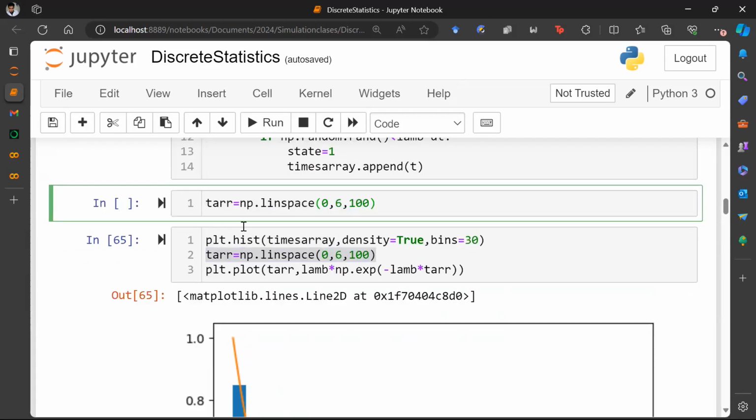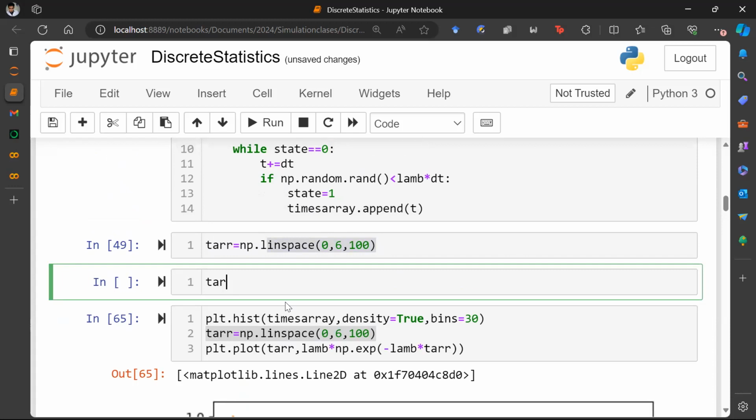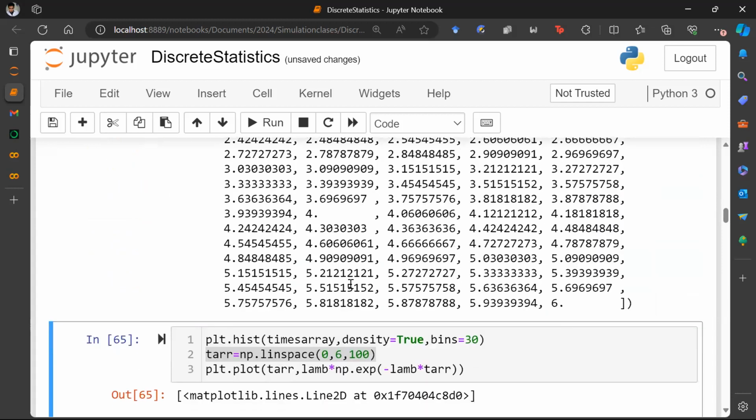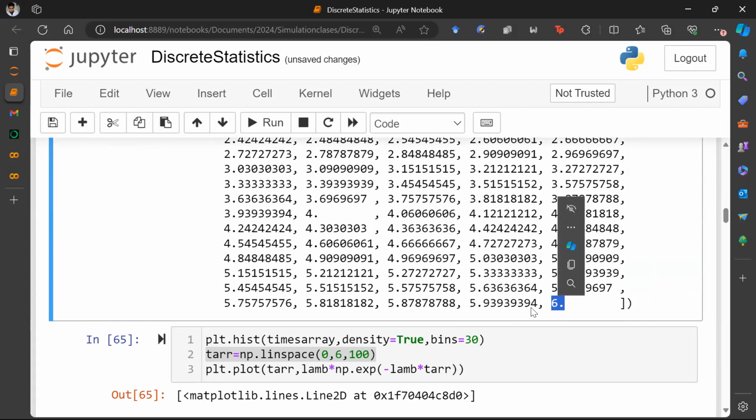Here I use the function from numpy called linspace that gives you an array from 0 to 6 of 100 elements. If I check it here, tr is an array of 100 elements from 0 to 6.